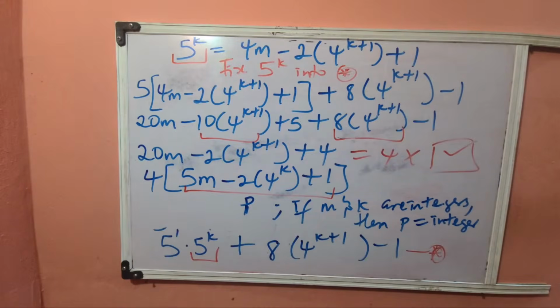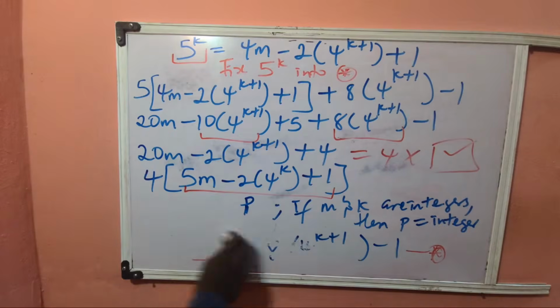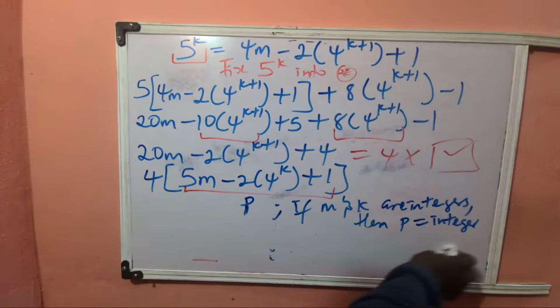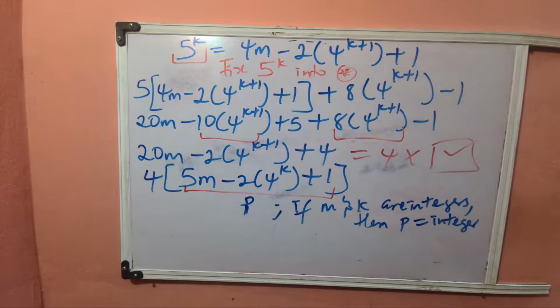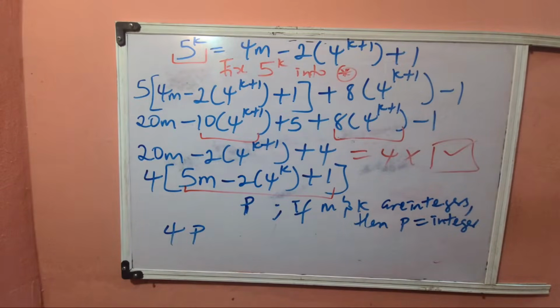And if that is the case, then my solution for n equals k plus 1 will obviously be equal to 4 times p, p being an integer. So that means I've been able to prove that n equals k plus 1 will also give me an integer multiple of 4. So simple. So that's the final answer.